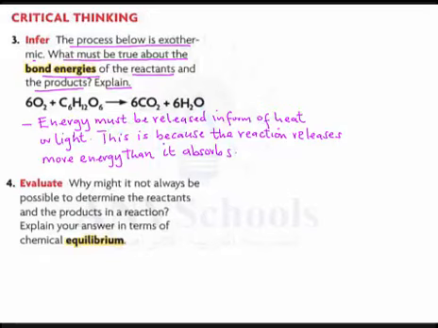Let's go to the next question. Evaluate why it might not always be possible to determine the reactants and the products in a reaction. Explain your answer in terms of chemical equilibrium.